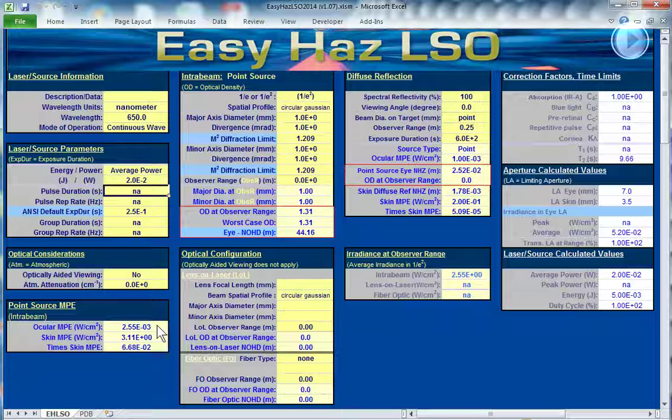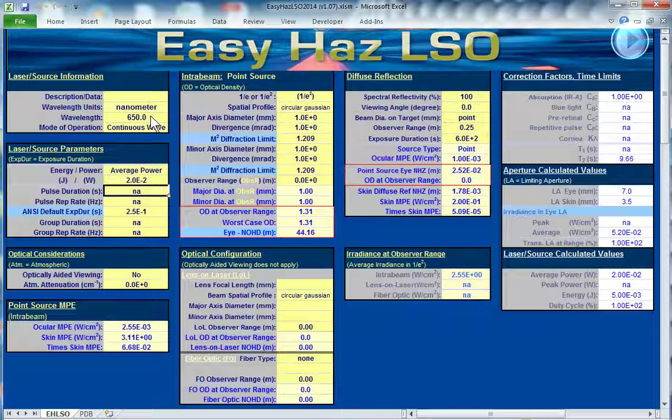Now the thing we want to remember here is that the MPEs were the same. If we were going to make a power adjustment, which we're going to talk about, how we adjust the power when the wavelengths don't have the same MPE but we want to look at them as if it was a single wavelength, we're going to be using a ratio of the MPEs. So here the ratio is 1.